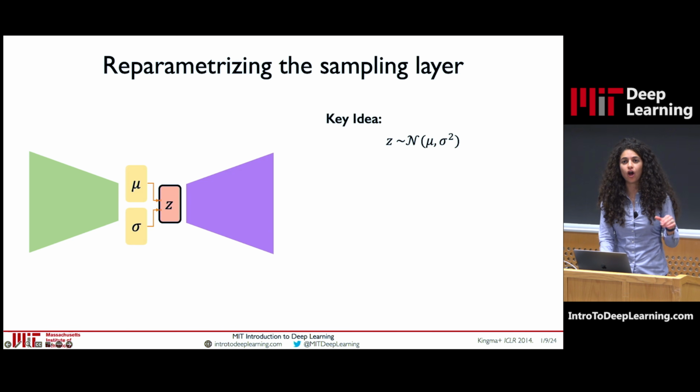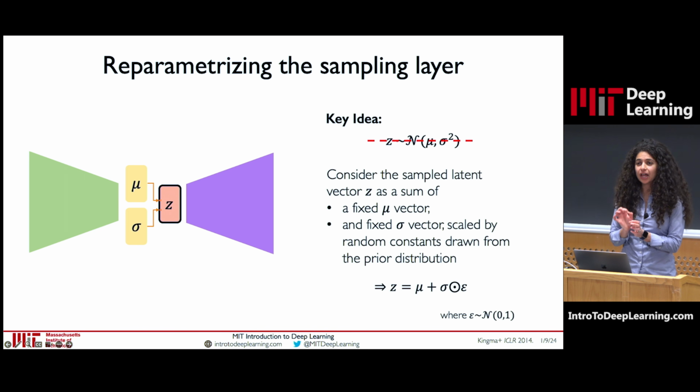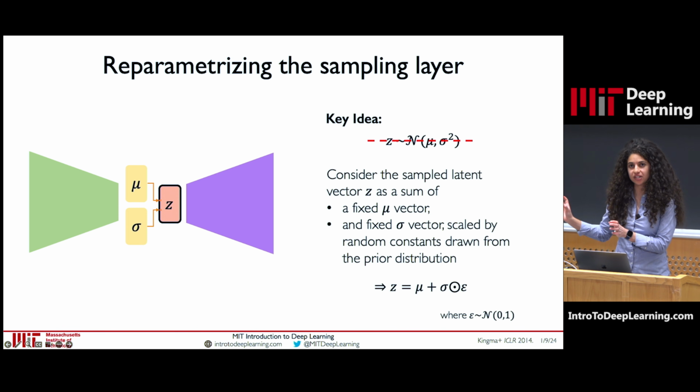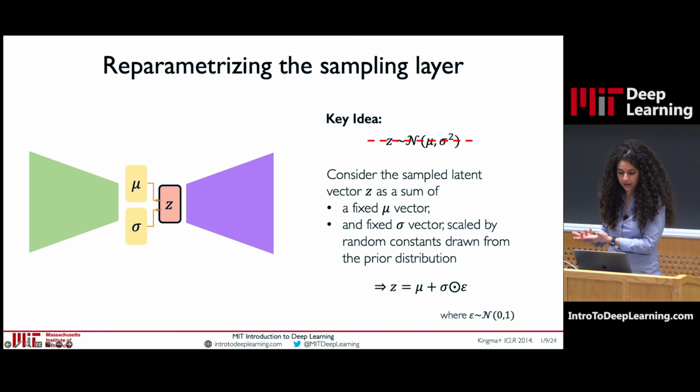So rather than saying that our latent variable z is directly the sample of a normal distribution defined by mu and sigma squared, we say, let's offset all the randomness, all that sampling, to this other variable epsilon, and say our latent variables are now the sum of a fixed vector of means mu and a fixed vector of standard deviations sigma, but that's now scaled by some random constant, which is going to be drawn from a prior normal distribution and is effectively going to capture the stochasticity that we want out of our sampling operation.